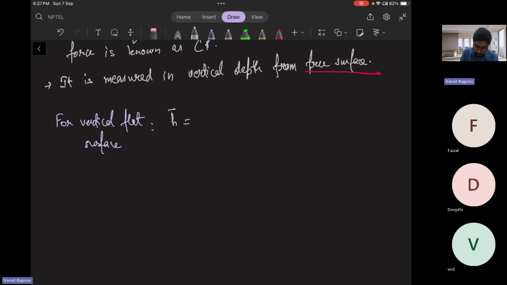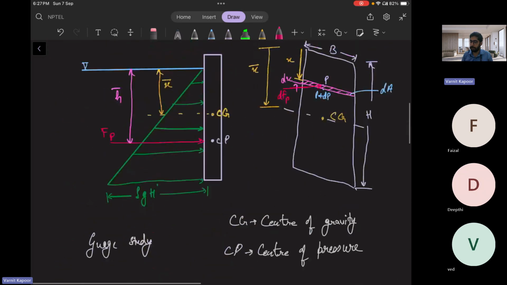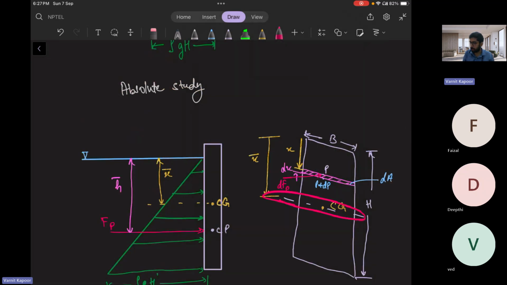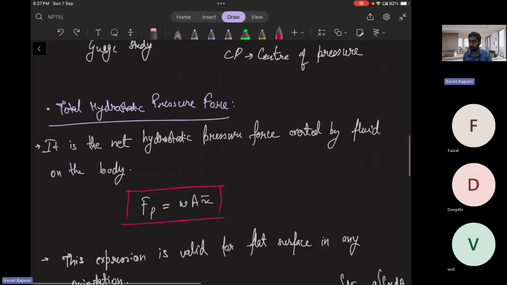H bar is nothing but Igg, that is moment of inertia, upon A x bar, plus x bar. Igg is nothing but the moment of inertia of a body about the centroidal axis, that is where the center of gravity passes, parallel to the free surface.